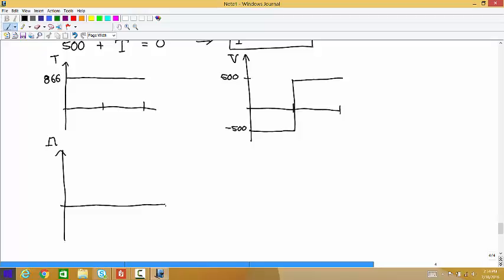The bending moment starts at 0, reaches an absolute value maximum at 1 meter, and then goes back the other way, so it's like that triangular shape, and this value is negative 500 Newton meters. And then the torque about x is just negative 500 the whole way.